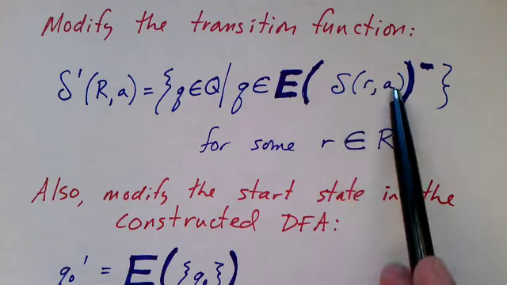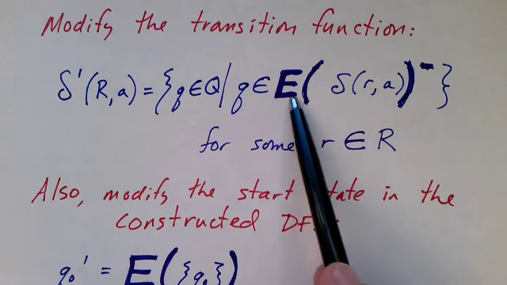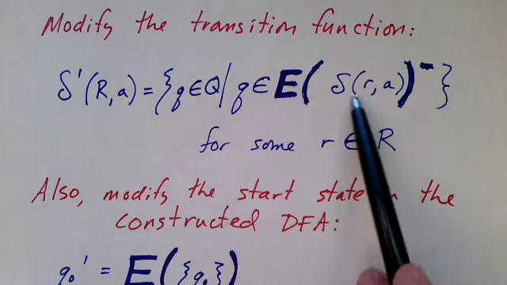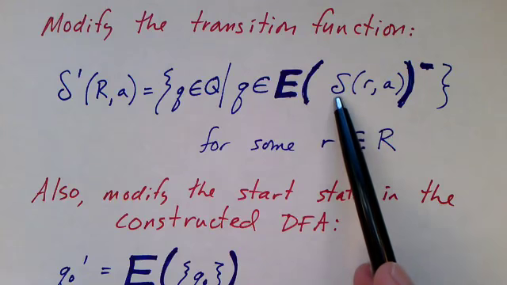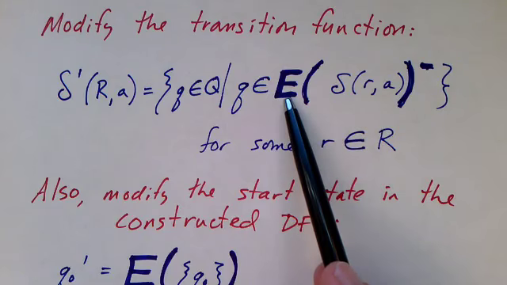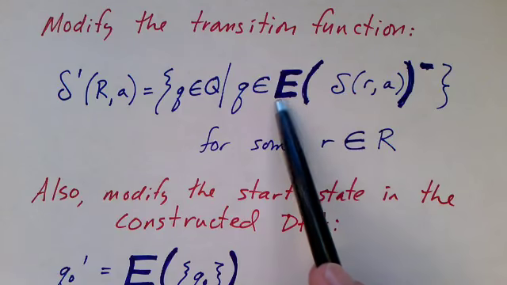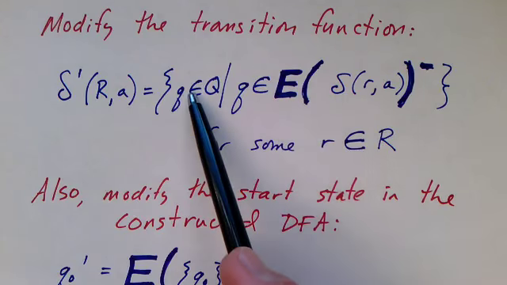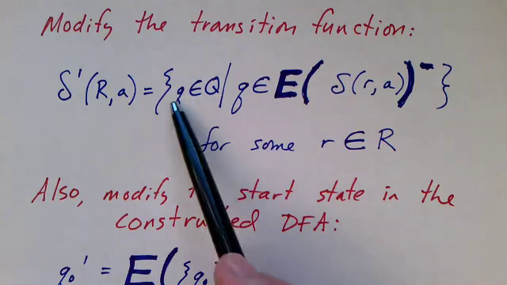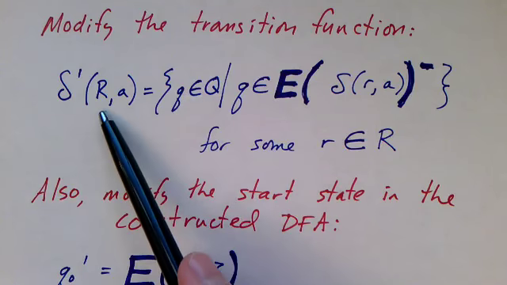And from those places, where could we get to by following epsilon edges as well? So any state we could reach by taking the transition function in the non-deterministic machine and then some epsilon edges, if they exist, is something we could reach. So we have to put that in the transition function we're defining.